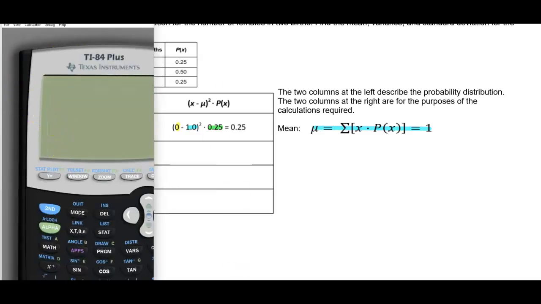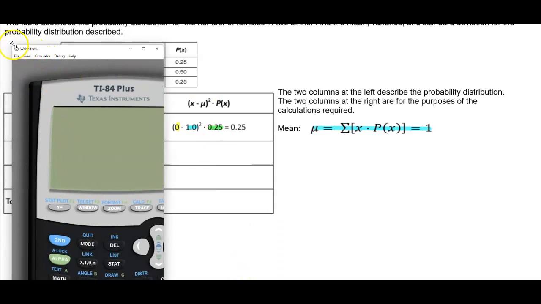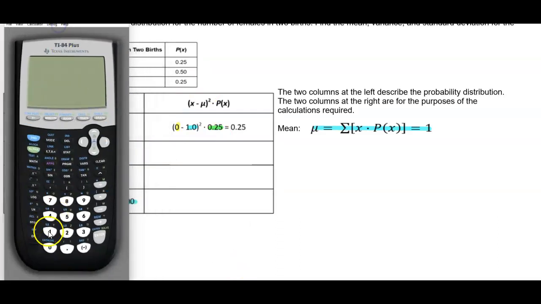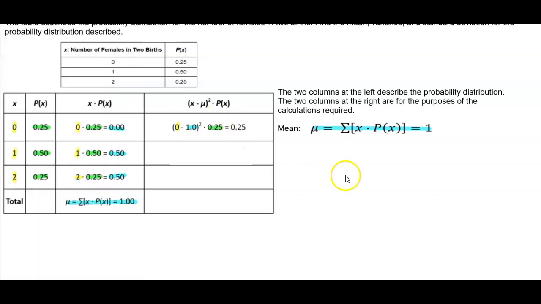Just to show you on the calculator: parentheses 0 minus 1.0, square that result, and multiply by 0.25, and that gives us 0.25.